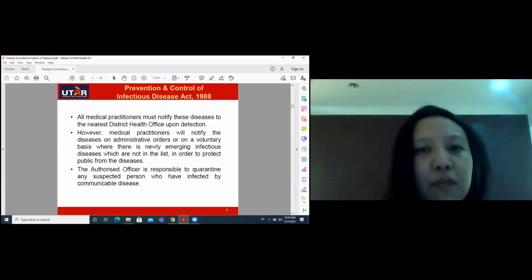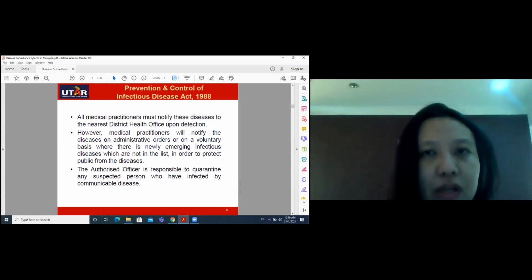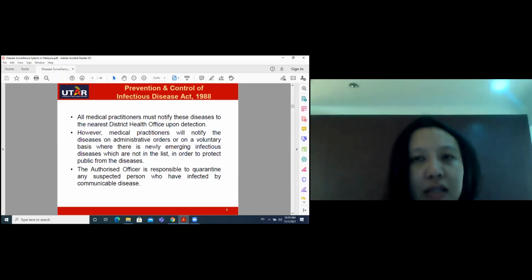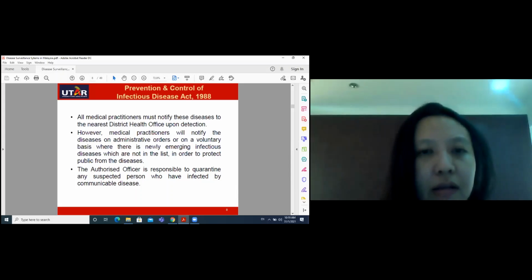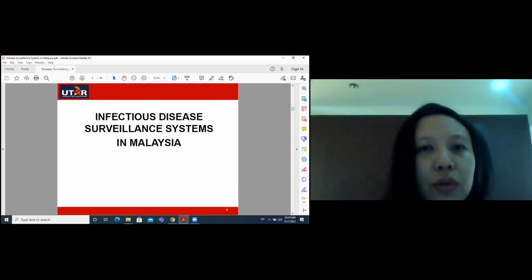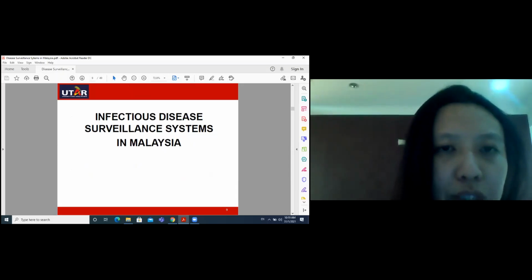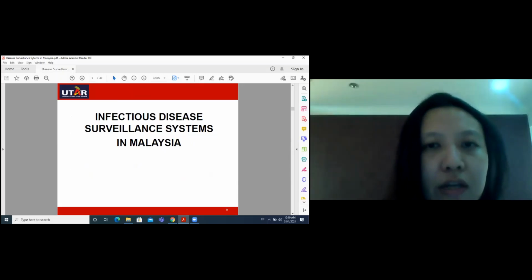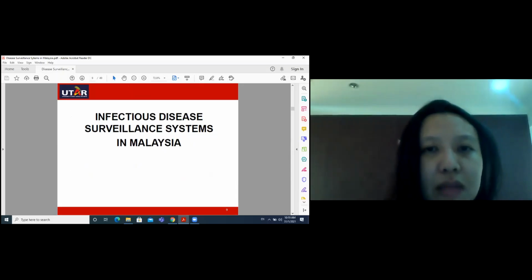Otherwise, medical practitioners will notify the diseases based on the Prevention and Control of Infectious Disease Act 1988. And the authorized officer is responsible for quarantining any suspected person who has been infected by the communicable disease. So now we will discuss the infectious disease surveillance systems in Malaysia.